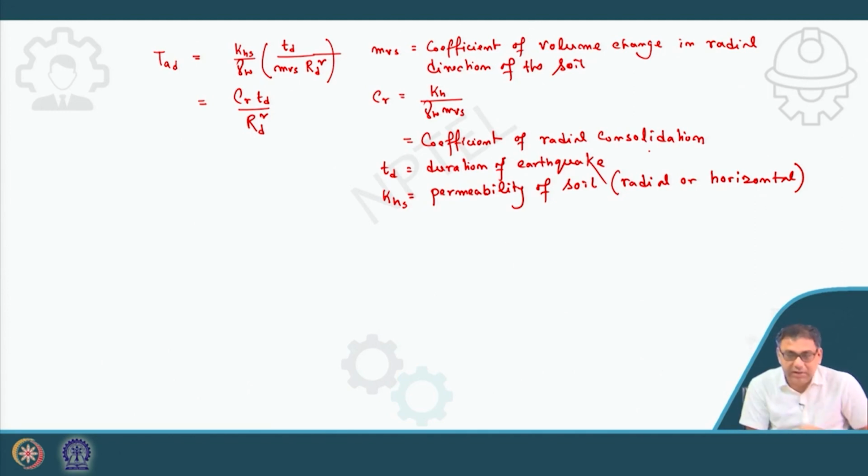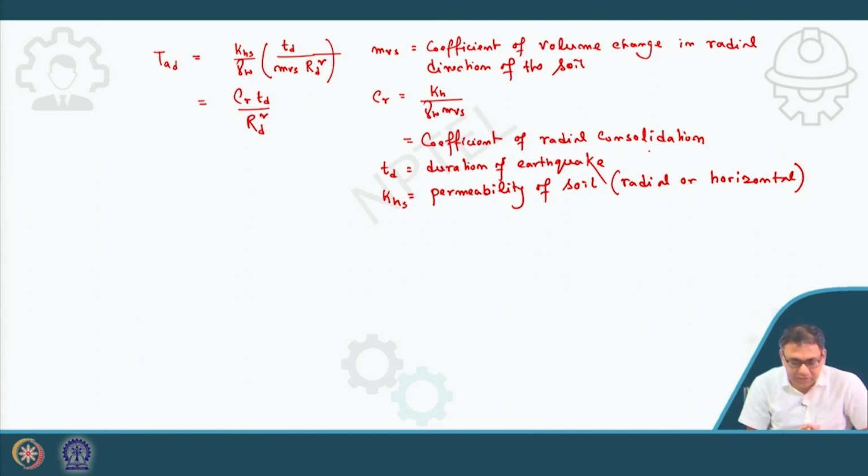And the third one is the densification effect, that means the smear effect. Here also it is not incorporated. Because of the densification effect, the permeability and the compressibility of the soil surrounding the stone column will be less than the permeability and compressibility of the undisturbed soil. So those are also not considered in this analysis.